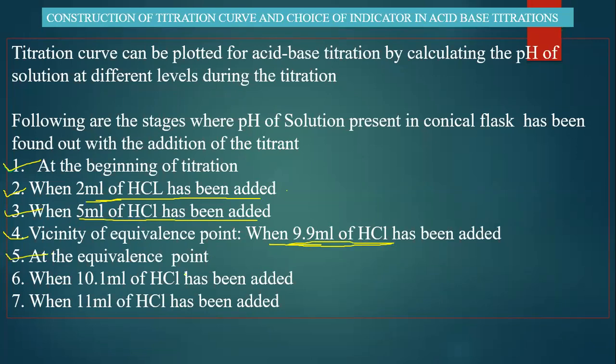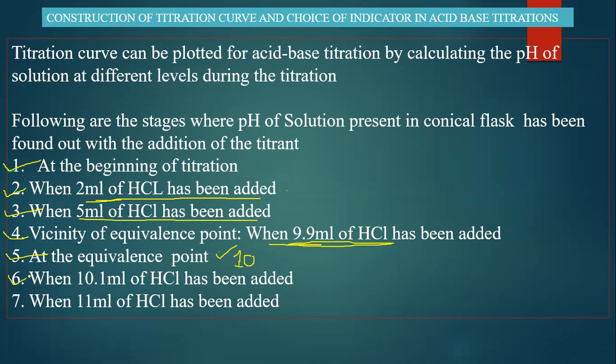In a titration too, our expected value is always 10. Most of the time, the end point value comes around 10. Similar is the case here.